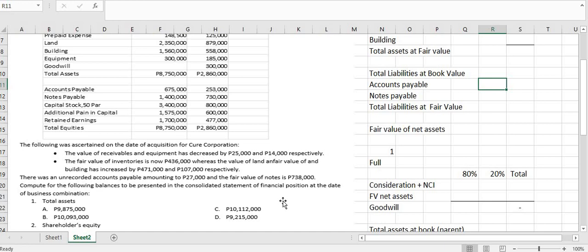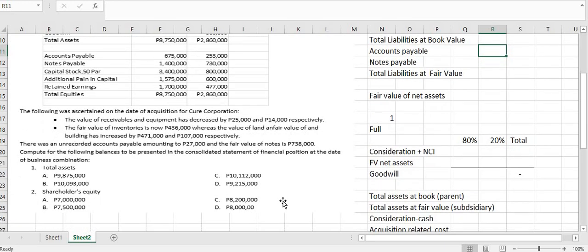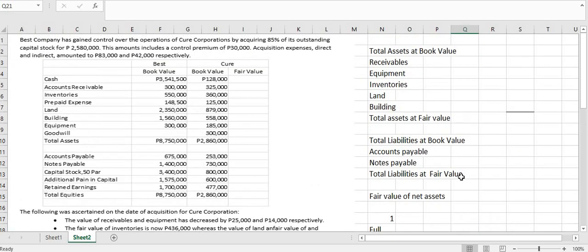So we have to determine the total assets and total shareholders' equity prepared immediately after the combination. Okay, so same as kanina, we'll compute first the fair value of net assets.